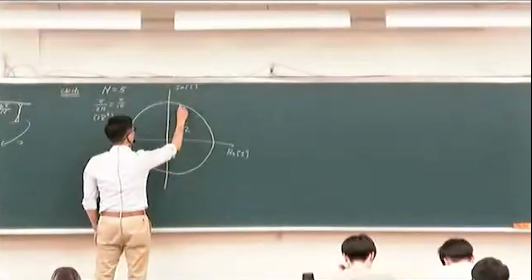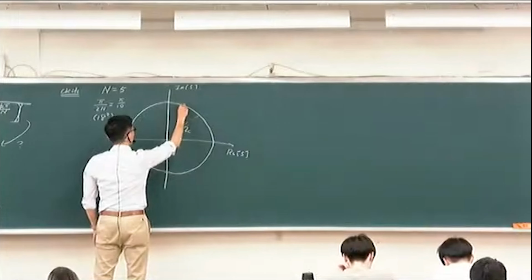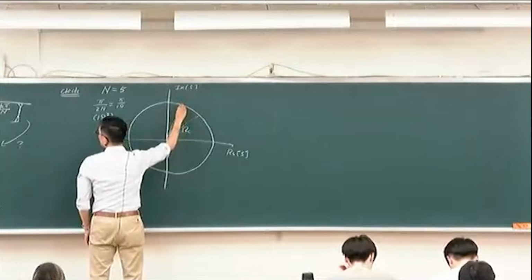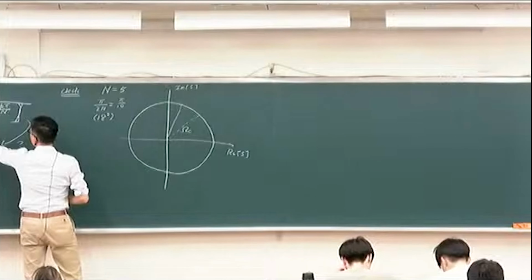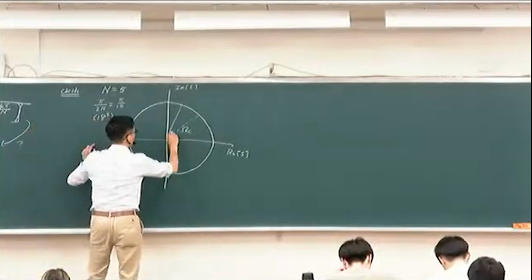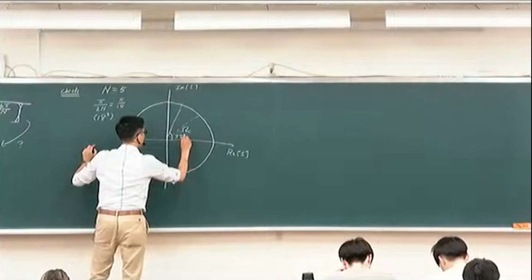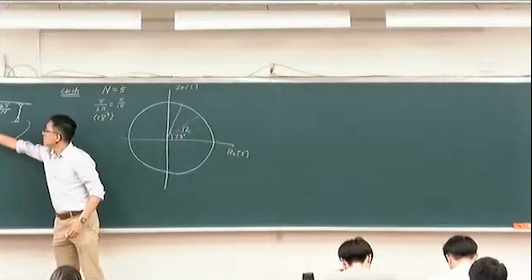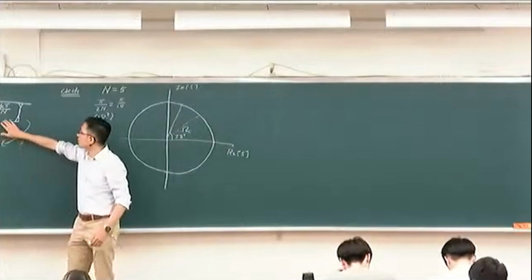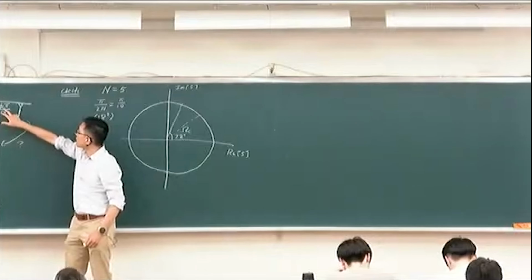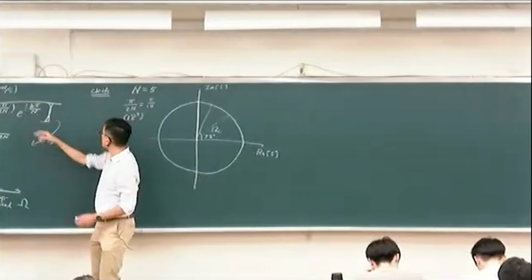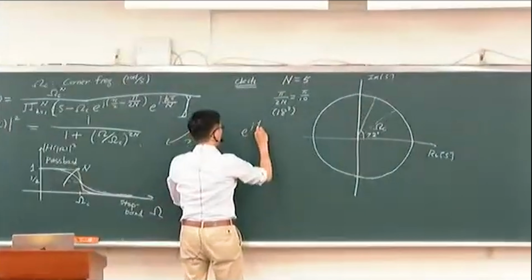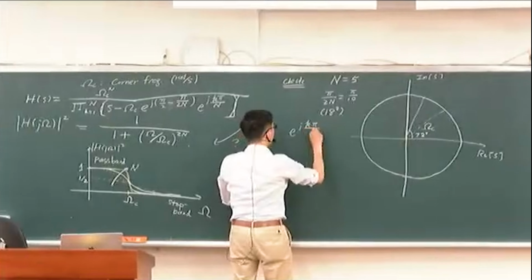So that's going to be 18 degrees roughly here, I suppose. That's e to the j 90, anyway, that's this term right here. But then we have a product: this big term is multiplied by e to the j k times pi divided by n.